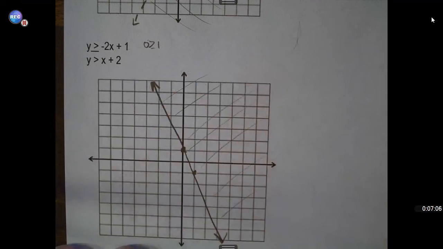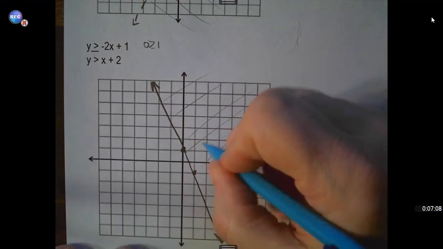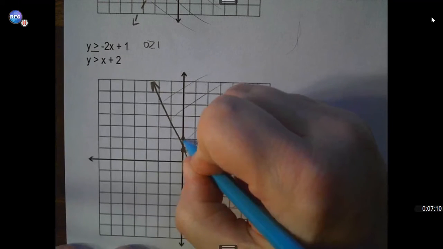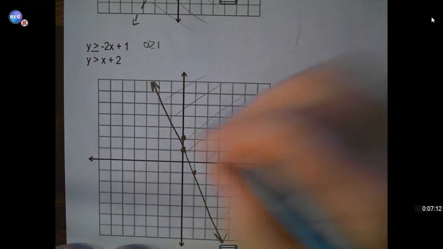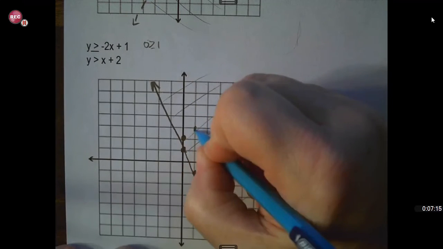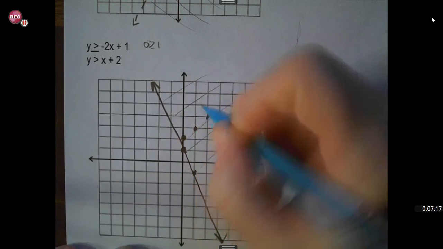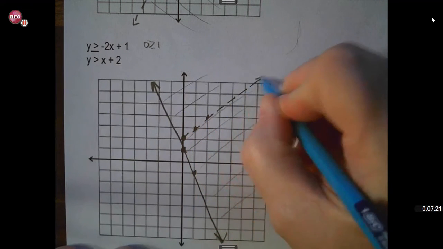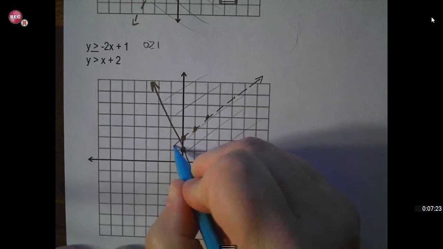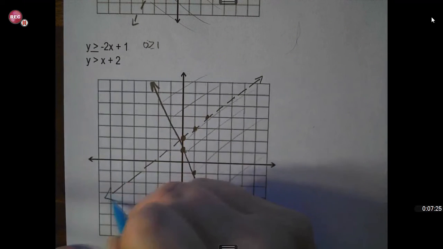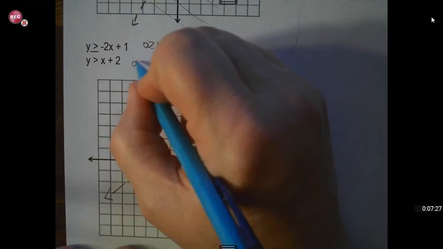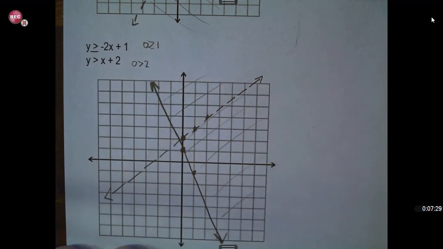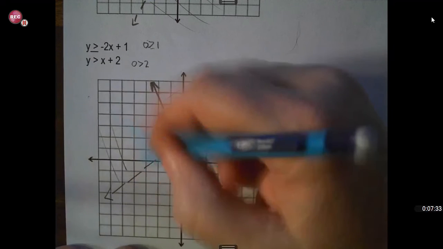And then this other one, the y-intercept is at 2. So that's there. And the slope is +1. And this would be a dotted line because it's strictly greater than. And if I plug in the origin, I get 0 is greater than 2. That's also not true. So it's getting shaded this way.